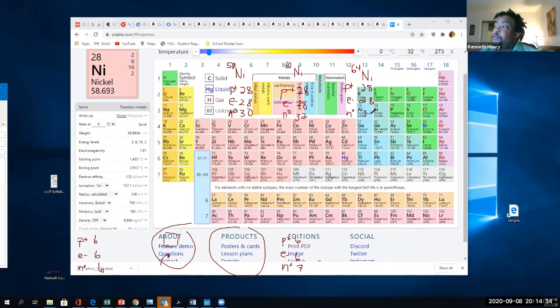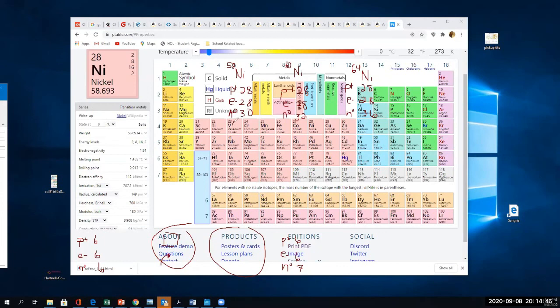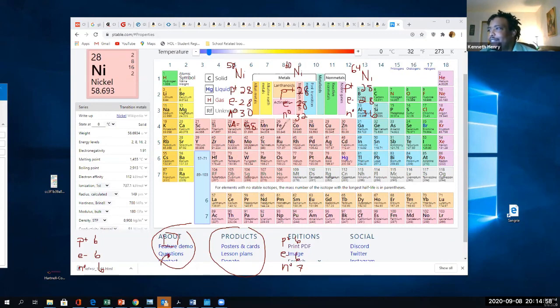What is the mass number for the first one? 58. We're going to use A to represent the mass number. What about this one here? 60. And this one here? 64. Now what about its atomic mass?